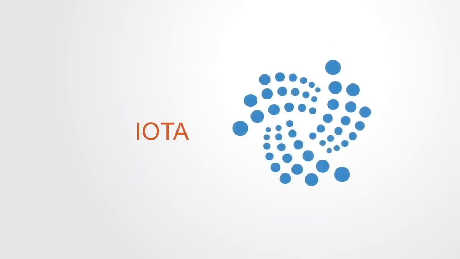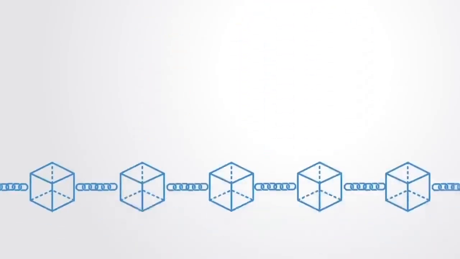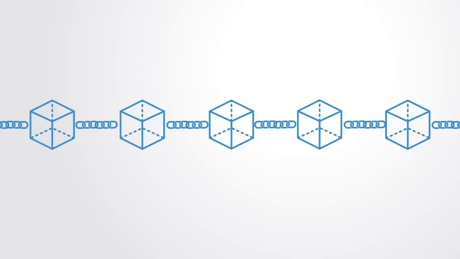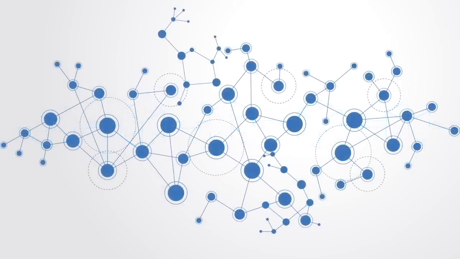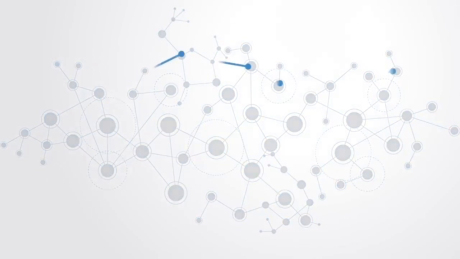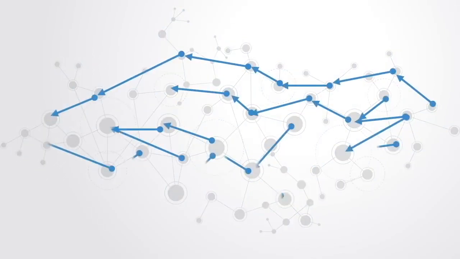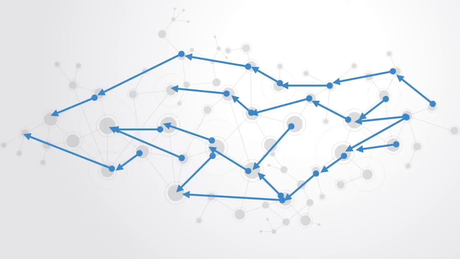IOTA is another example. Whereas existing blockchains are sequential chains where blocks are added in a regular, linear, chronological order, the data structure of the IOTA system is able to achieve high transactional throughput by having parallel operations. The data structure is more like a network rather than a linear chain, wherein processing and validation can take place alongside each other.